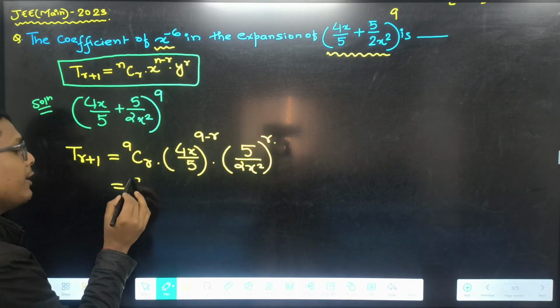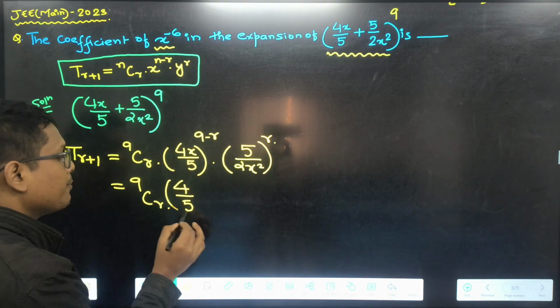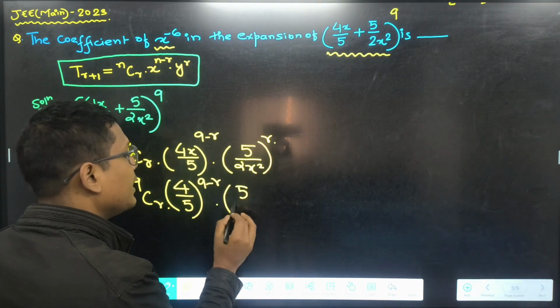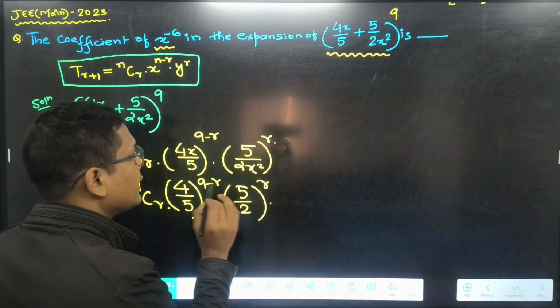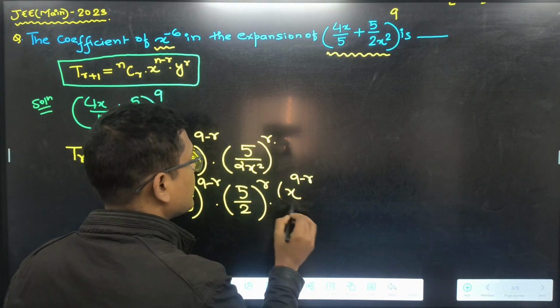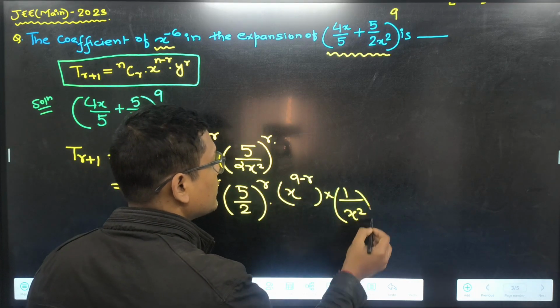So if we simplify this, 9Cr into 4 by 5 to the power 9 minus r into 5 by 2 to the power r into x to the power 9 minus r into 1 by x square to the power r.